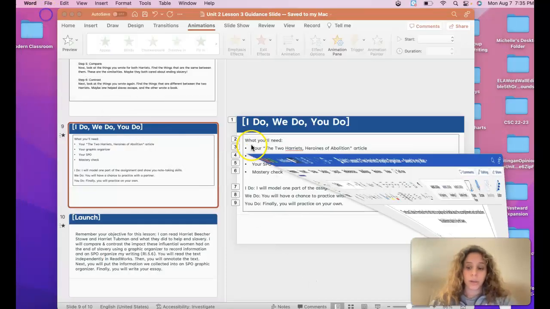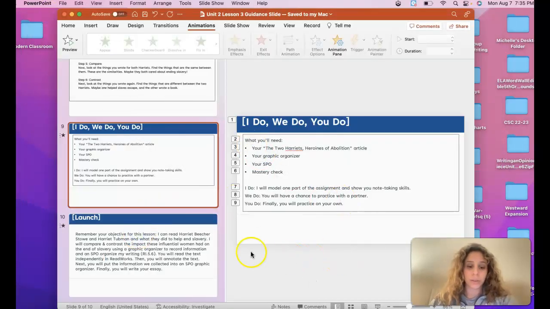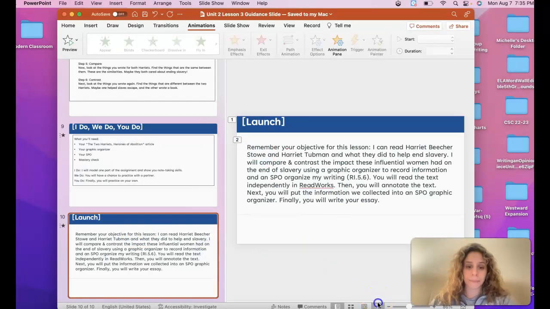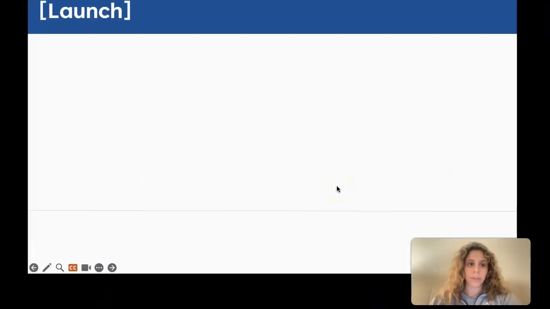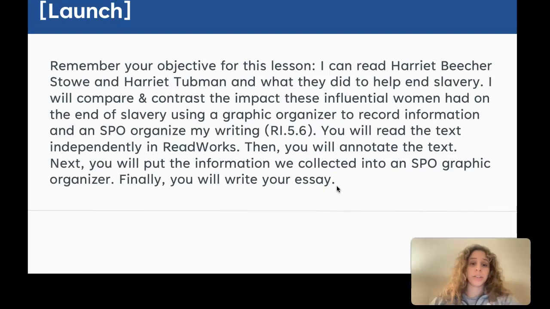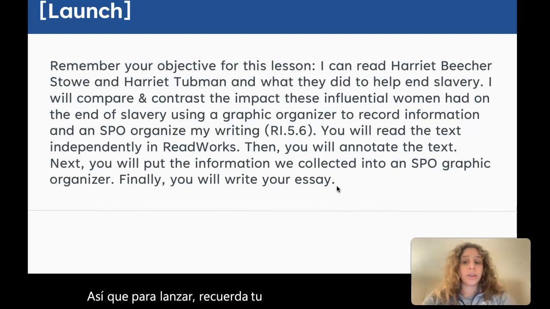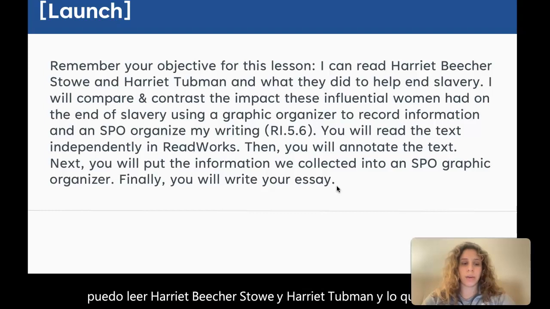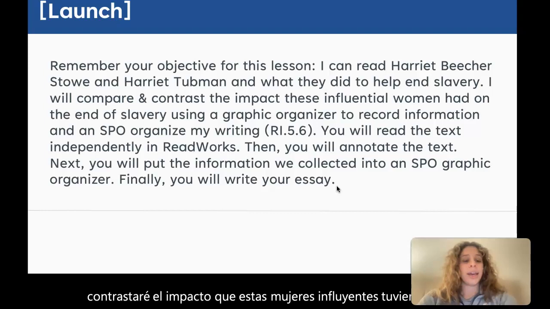Let's go back to the slide. So to launch, remember your objective for this lesson. I can read about Harriet Beecher Stowe and Harriet Tubman and what they did to help end slavery. I will compare and contrast the impact these influential women had on the end of slavery using a graphic organizer to record information and an SPO to organize my writing.